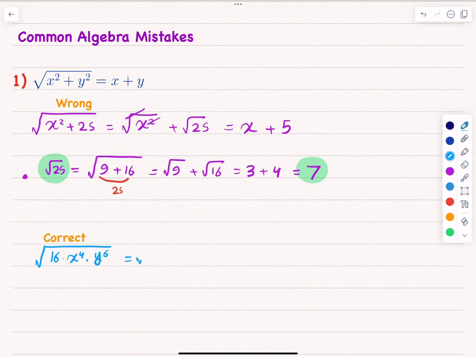So it can be the square root of the first one times the square root of the second one and the third one. Now, square root of 16 is equal to 4, and square root of x to the fourth will be just x squared. We have the power. And square root of y to the power of 6 would be y cubed. So this is the correct way to distribute square roots over multiplication.